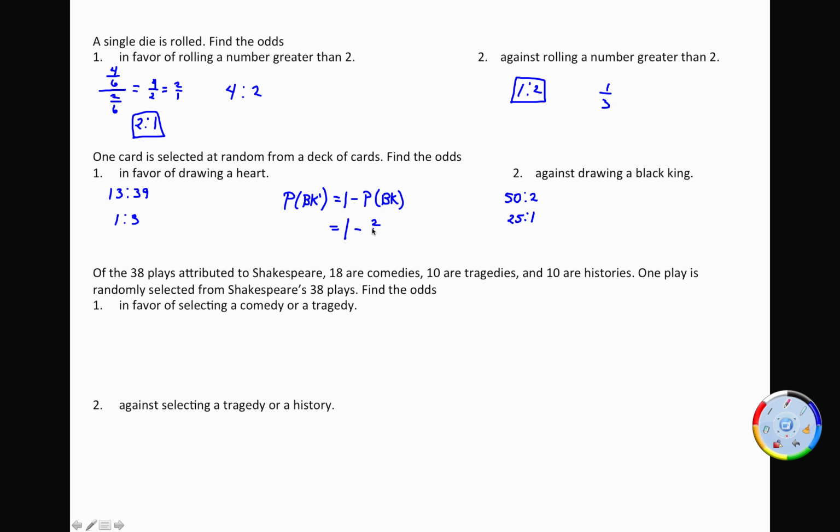There are 2 black kings out of the 52. Oh, so there are 50 out of 52 that are not black kings. So use these methods together and whatever makes your math the easiest for you. And if we were using the formula, then it's the probability that it's not a black king over, I've already calculated, the probability that it is a black king. And then just continue to simplify.